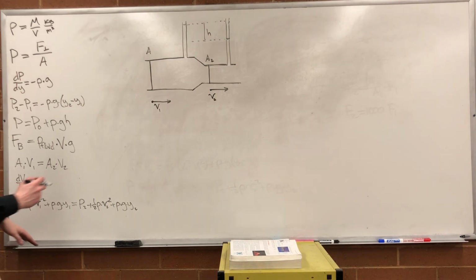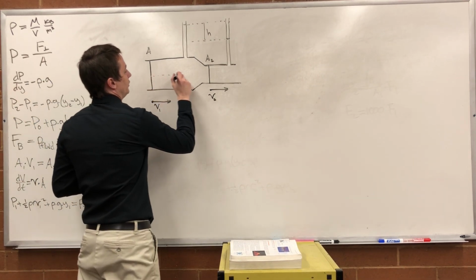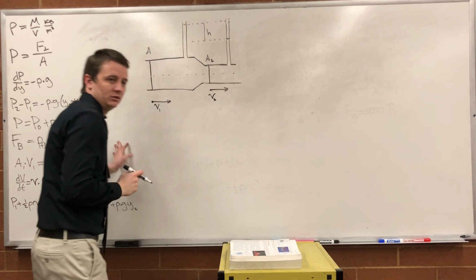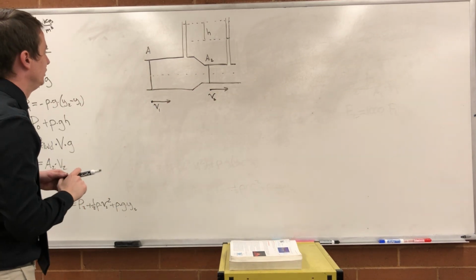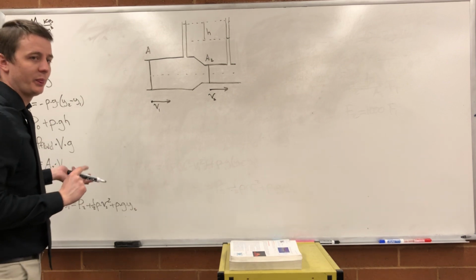So using this equation, first off, we're going to assume that the average height of our water doesn't change going from here to here. Tried to draw that, but that might not be intuitively clear. So potential energy of the water doesn't change, is what I'm trying to say there. Okay.